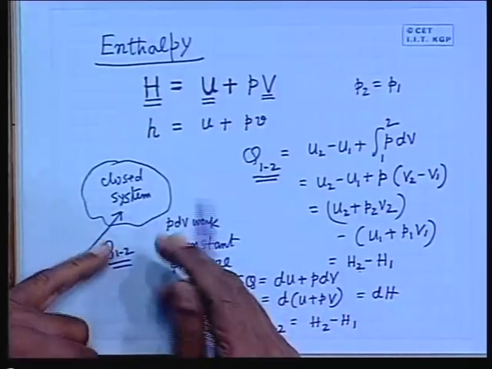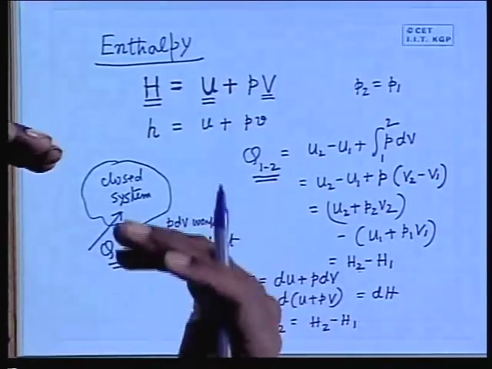Therefore we see that the heat interaction between a closed system and the surrounding, when the closed system performs PdV work at constant pressure, is given by the difference of enthalpy between the two states. That means if it goes from state 1 to state 2, if the enthalpy at state 2 is more than state 1, then heat is being added because Q is positive in that case.